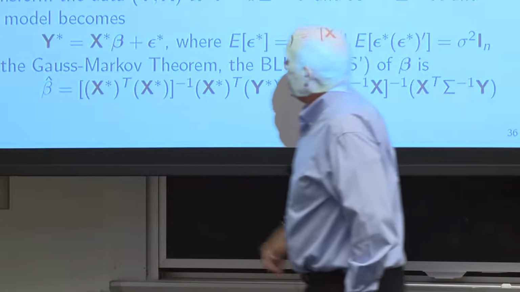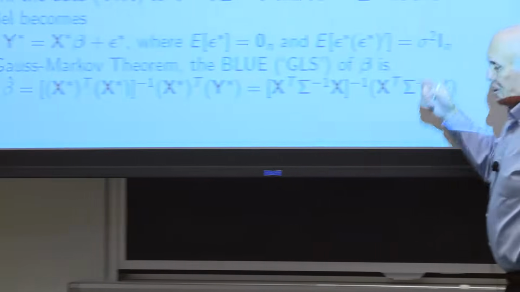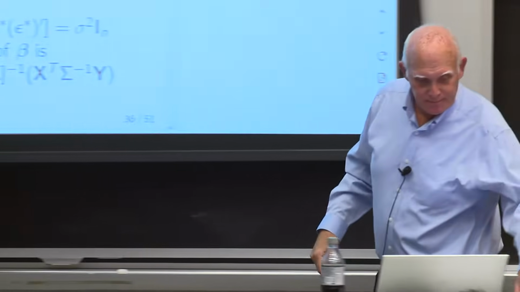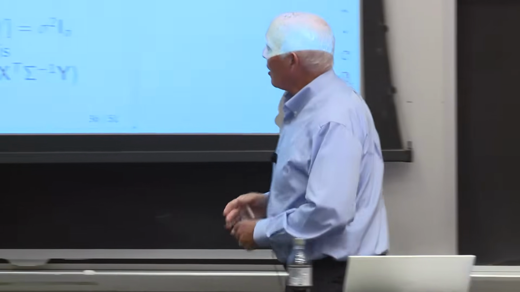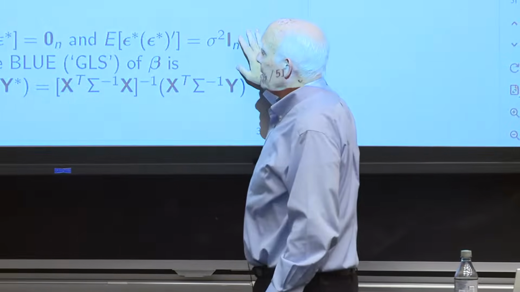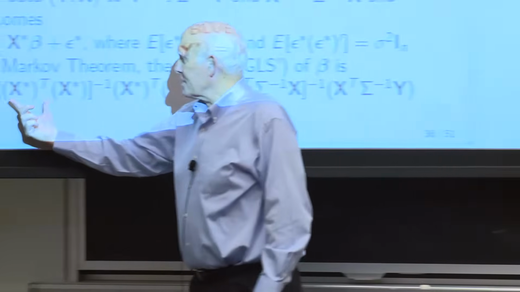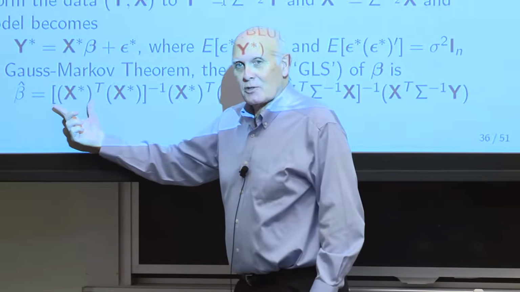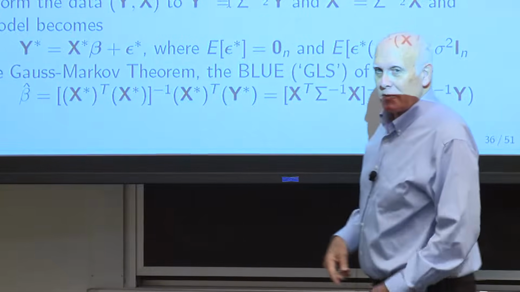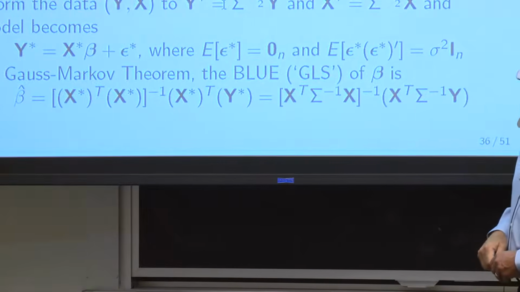So in this transformed case, we have the same regression parameters. We have the epsilon stars with the Gauss-Markov assumptions being satisfied. So by the Gauss-Markov theorem, we can write directly our least squares estimate in terms of the X stars and Y stars.